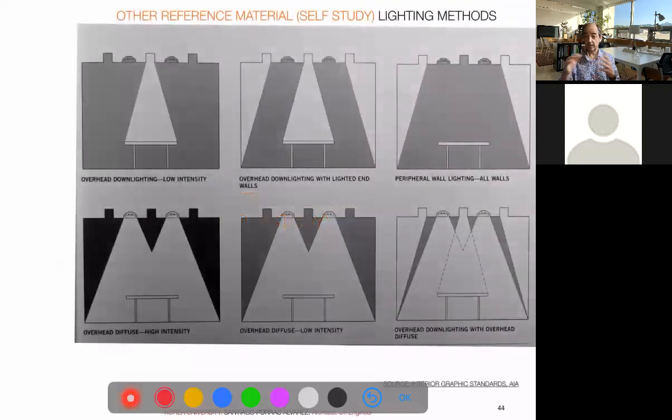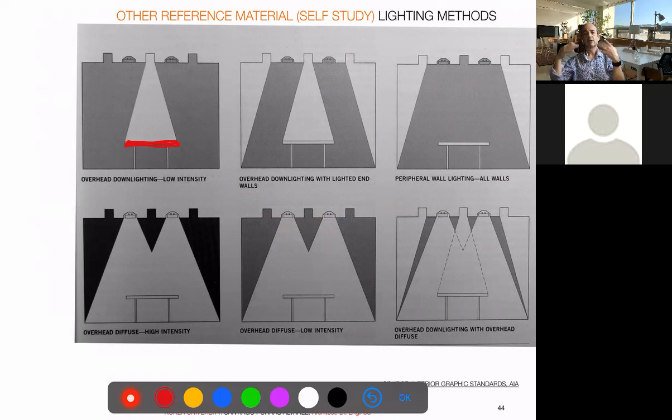One is ways of using artificial light. This is a section of a room with the element to be lit, the desk, which is the usual, but if you have a lecture room, maybe also the whiteboard or wherever you need the light.